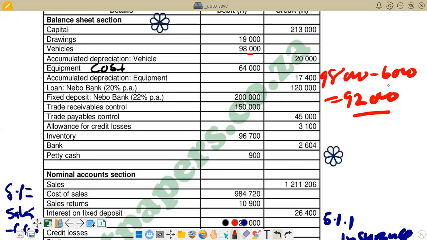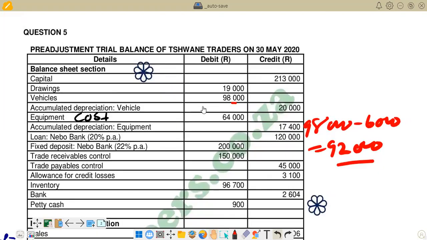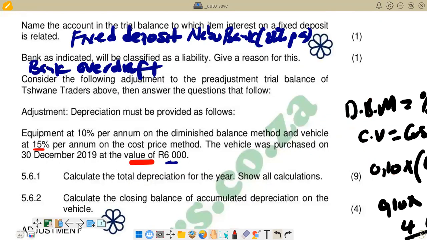So that is what we have, and we want to check again which date the year was ending. This is 30 May 2020. That's where the year is ending. So now we go there and see the date when the 6,000 vehicle was purchased. It was purchased 30 December. So it means it stayed in the business.